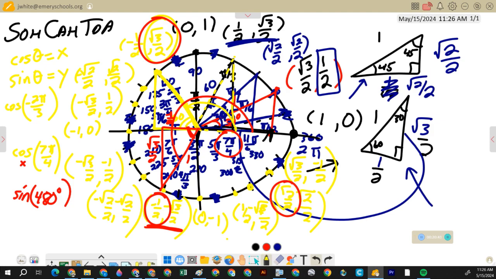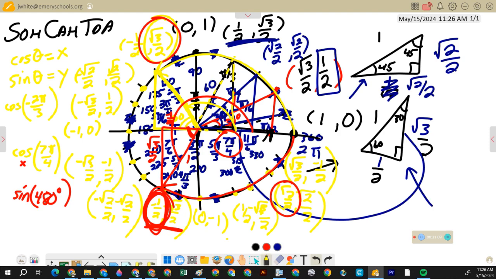In the same place as, so 2 pi over 3 is there. So negative 2 pi over 3 would be here. And what is the cosine of that angle? Negative 1/2. Okay? Does that make sense?